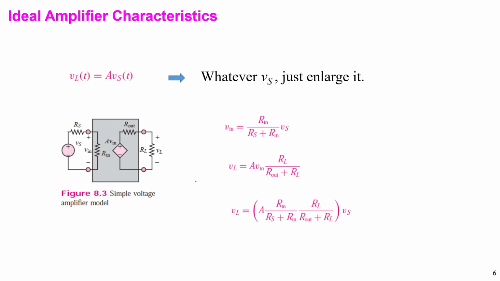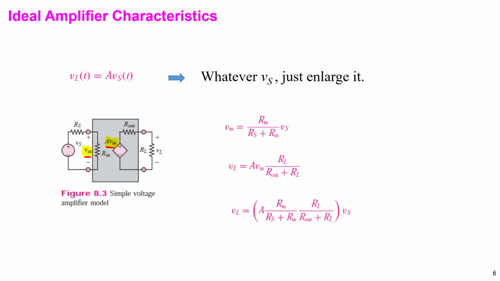This is the characteristic of the op amp. Inside the device itself, whatever we put in, we will get AV in. This is the property of the op amp: V in, and then we get AV in here.